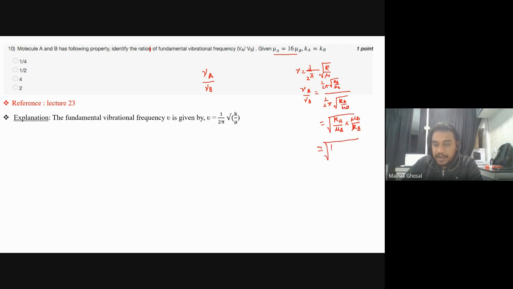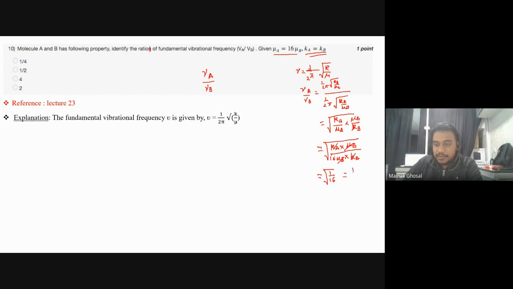You write Ka into mu B. You have mu A, and it is written that mu A is 16 mu B, so I am writing it as 16 of mu B. And it is also mentioned here that Ka and Kb are the same, so I am just replacing Kb with K. So Ka will cancel out, mu B will cancel out, and I will be left with root over of 1 by 16.